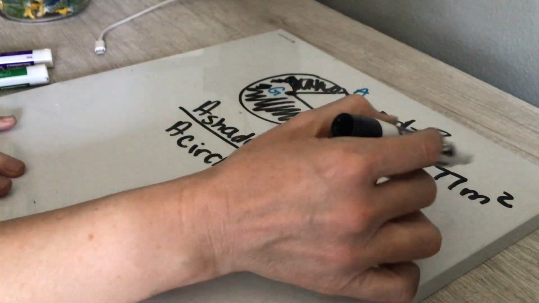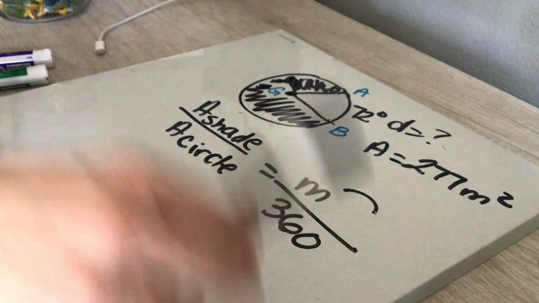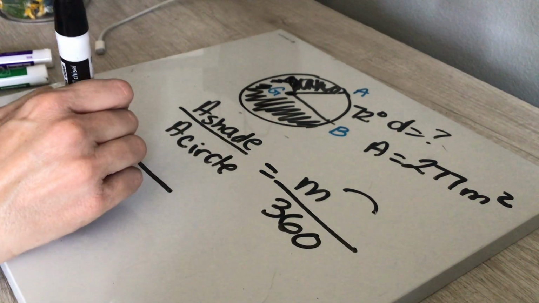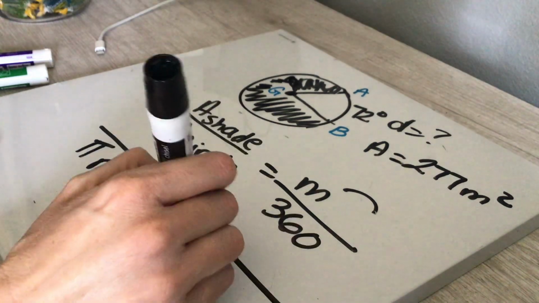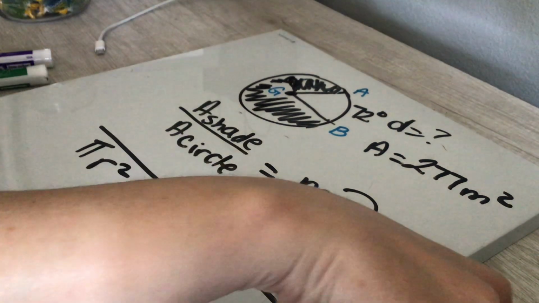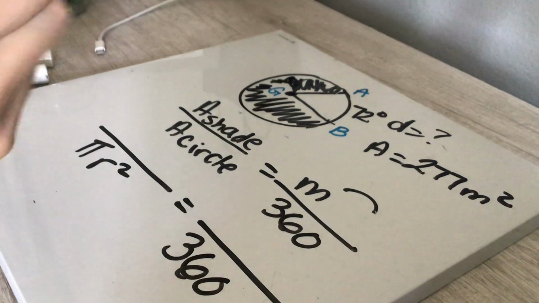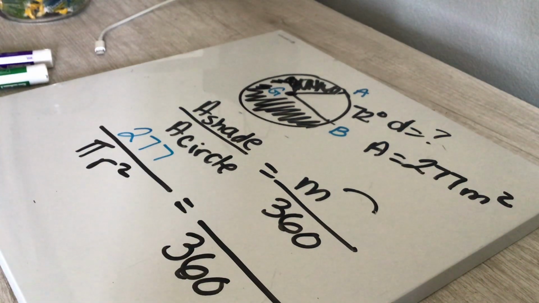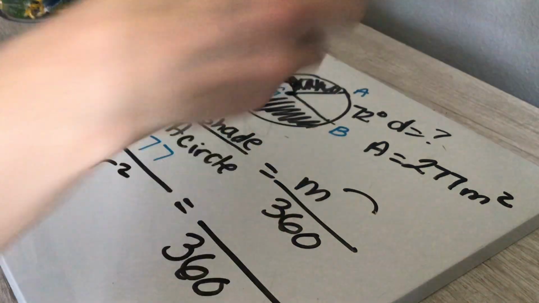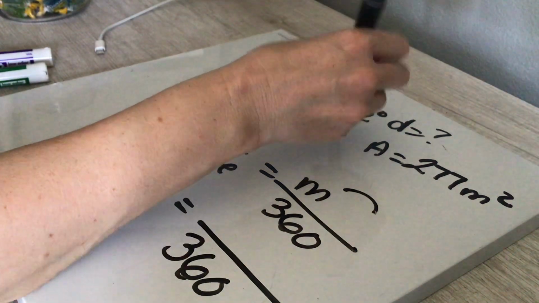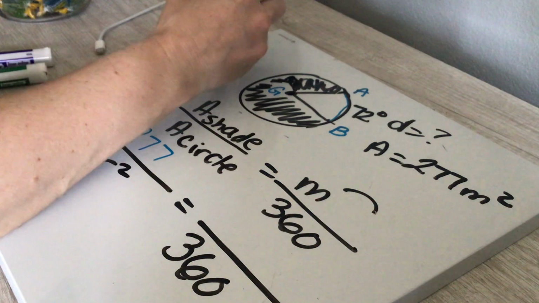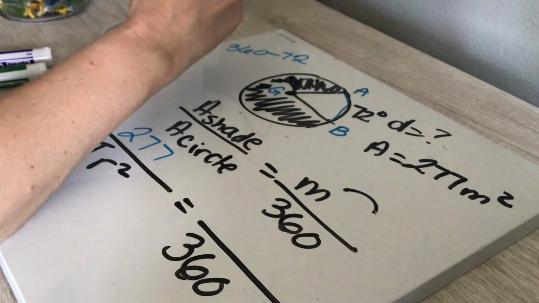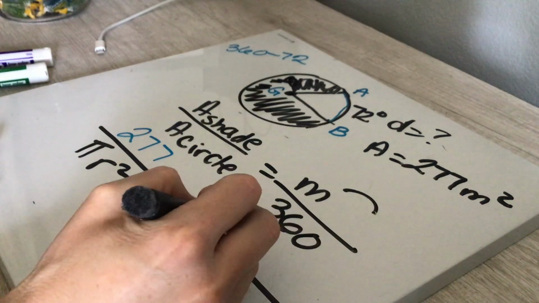Well, the shaded part we know, so we know 277 over pi r squared equals the arc. Well, this arc is 72. So the big arc that we want is going to be 360 minus 72, which is 288.